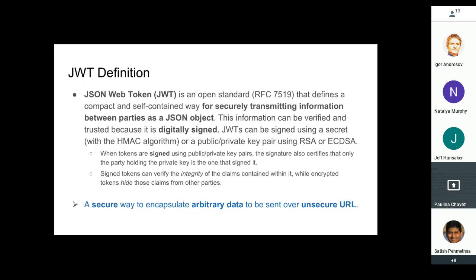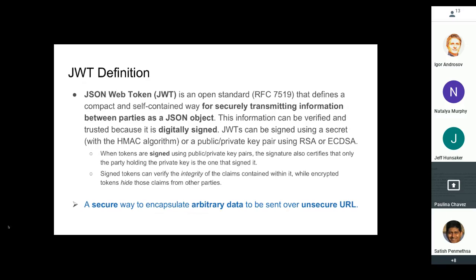This is the standard formal definition. It's an open standard, compact and self-contained, to send secure information between parties as a JSON object. What is important is that the JSON token is digitally signed, and you can sign it using different algorithms, usually HMAC.